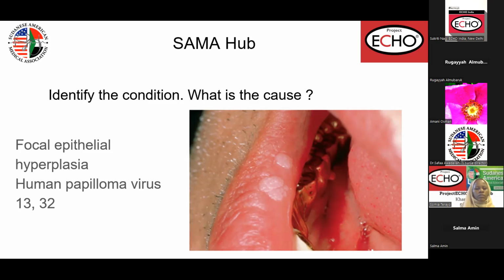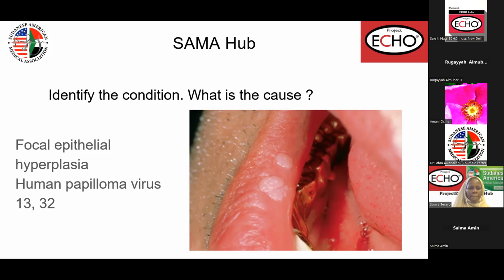Also, the genetic predisposition is very highly seen in ethnic groups, in Native Americans. And the age group is different.